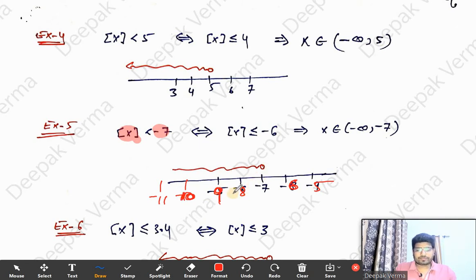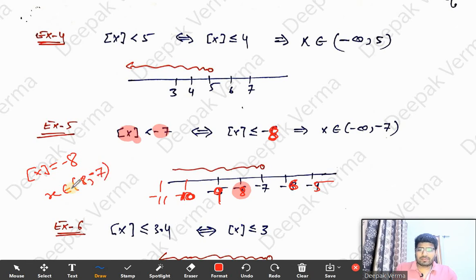Do the correction. The integer just left of minus 7, just less than minus 7, means minus 8. So it should be minus 8. Got it? If we want box x equals minus 8, then x must lie between minus 8 and minus 7, with minus 7 open bracket.